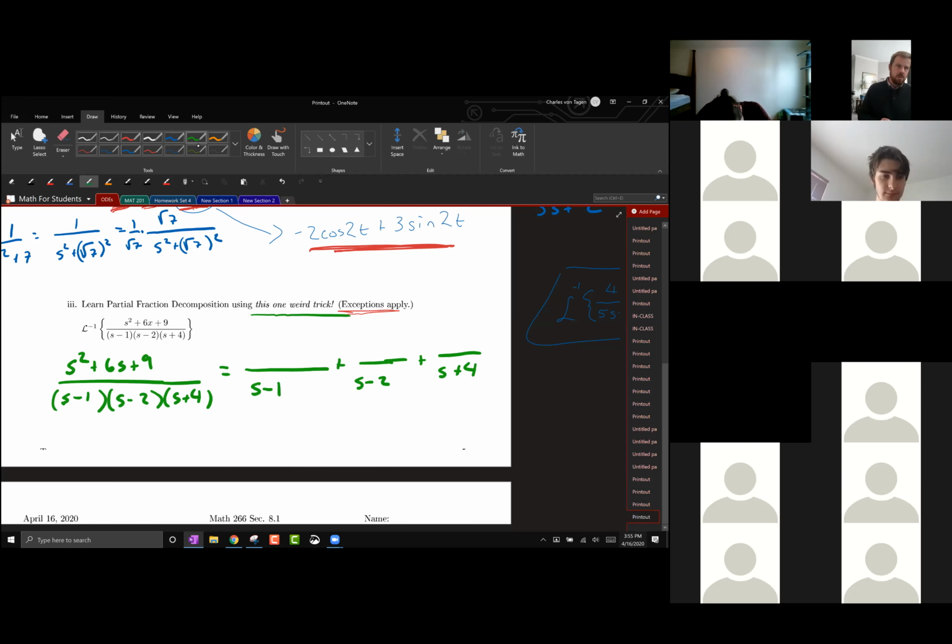All right, so here's how you do partial fraction decomposition the fast way. Let me see if that's not gonna work. Okay. I just realized you guys can't see what I'm doing.